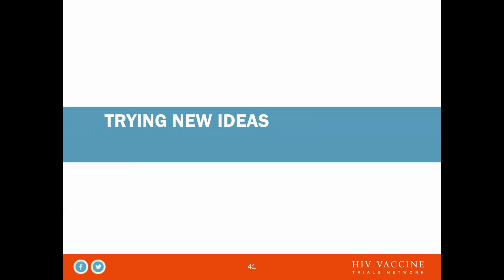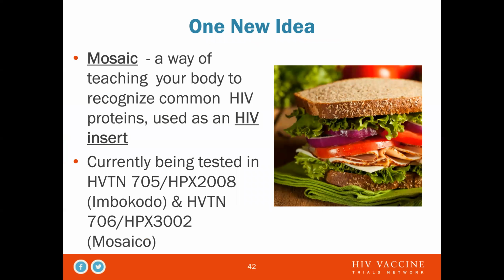So we are trying new ideas to get there. And one new idea is called a mosaic. The mosaic uses a strategy of teaching your body to recognize HIV inserts across different subtypes of HIV found around the world.